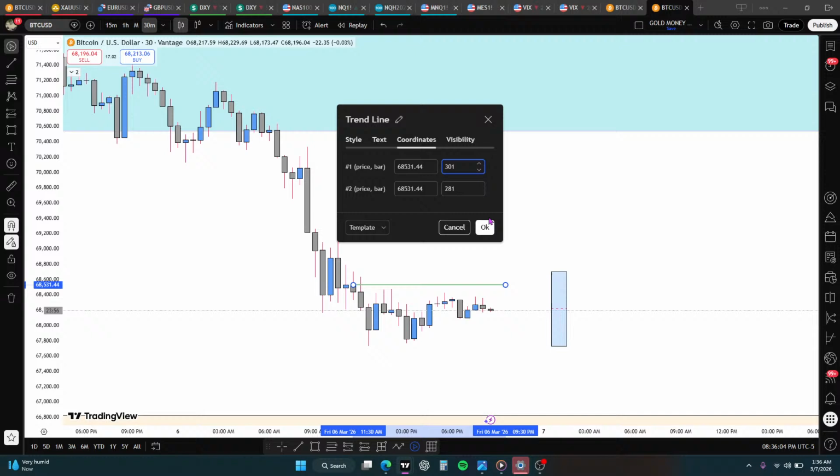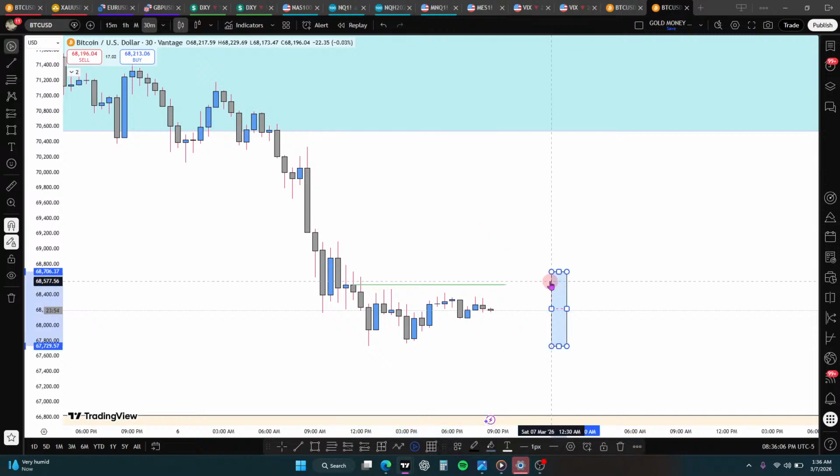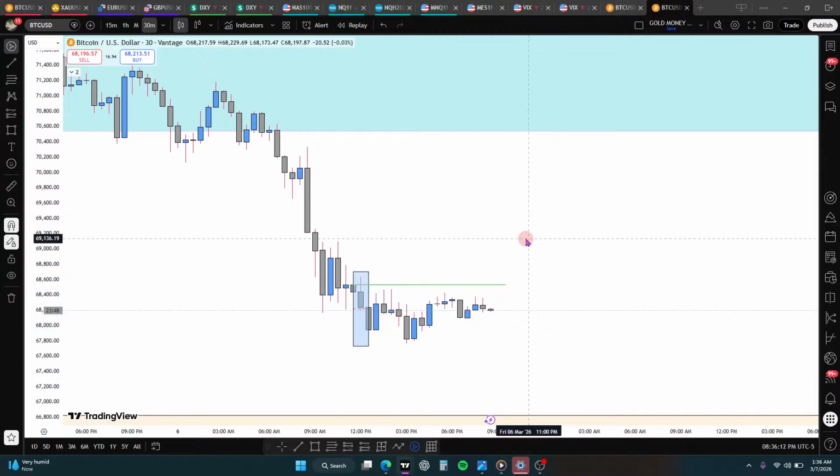Okay, so we need to trade up here to this open before we can actually call this an order block, right? So this is what could be an order block, but it's not confirmed yet. I want to stress that point because it leads me to what I'm saying next.